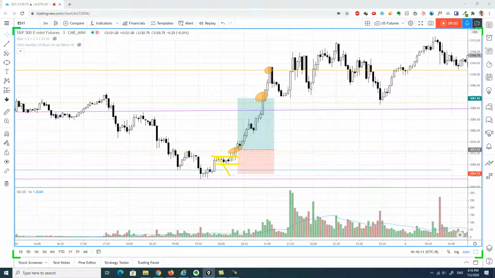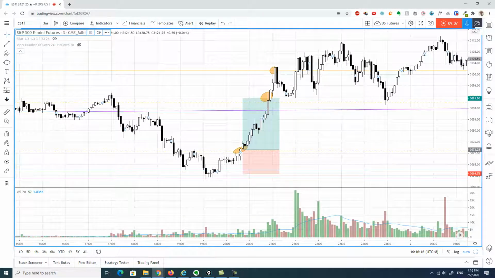Previously my thought was to wait for another test, going up and then going down again, to test this reaction, followed by a reversal up. But it actually didn't happen, which is a good thing. I think it's a lot stronger than what I thought.